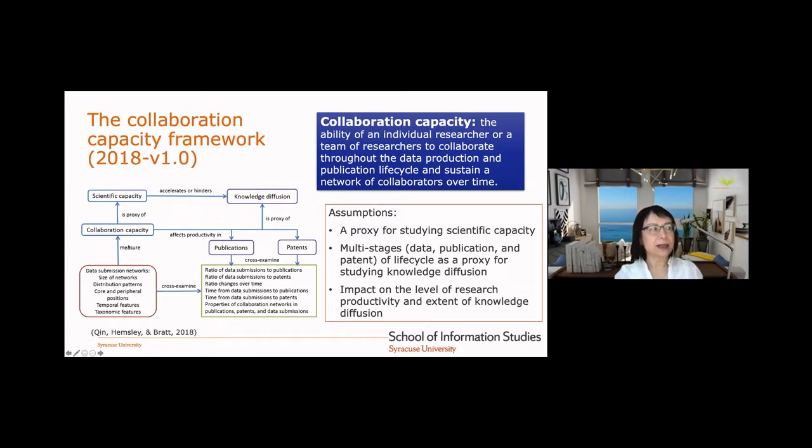And collaboration capacity can be measured by, for example, data submission network indicators: size of networks, the distribution patterns, core and peripheral positions, temporal features, as well as taxonomic features.